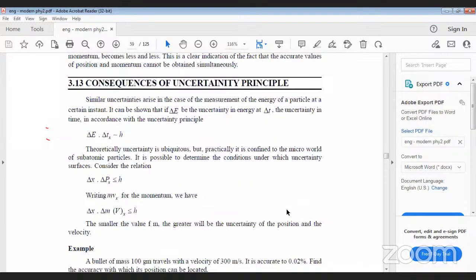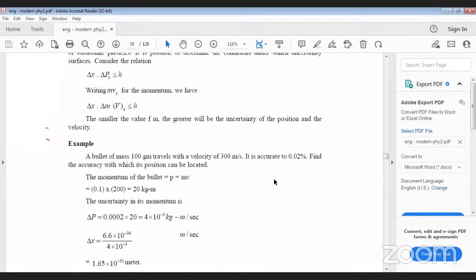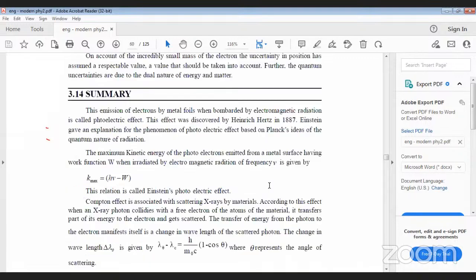The consequences according to Heisenberg's uncertainty principle: there should be uncertainty in energy and time, and uncertainty in position and momentum, where momentum is m into v. So how it is changing here. This is also a short question.